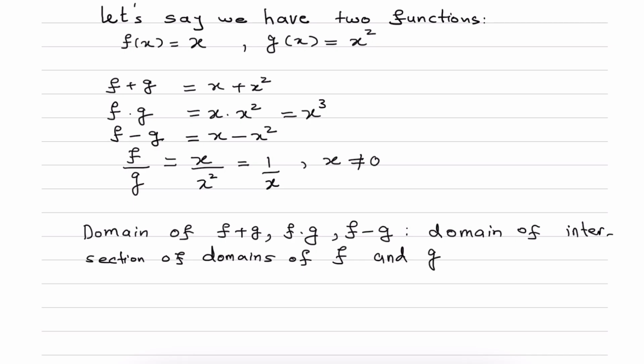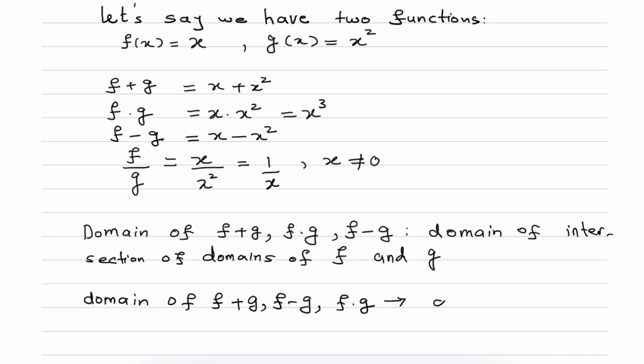And in our particular case, where f of x is described as x and g of x as x square, we are going to find the domain of f plus g, f minus g, and f into g.